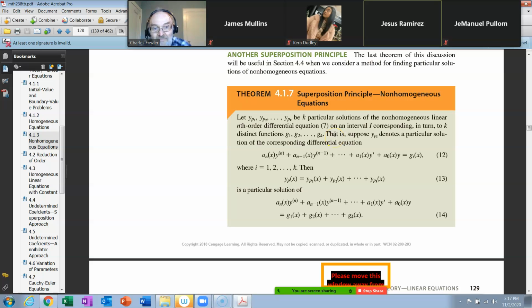Could be sums, okay? Suppose that y sub p sub i denotes a particular solution for the corresponding differential equation.